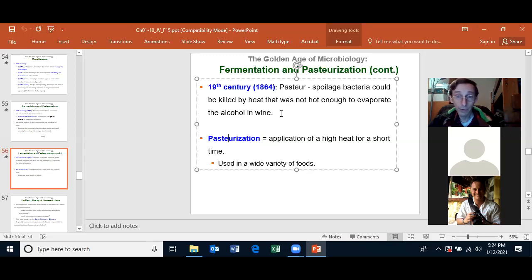So after a certain amount of time, the bacteria that are still alive after pasteurization can spoil the milk. But pasteurized milk lasts longer than unpasteurized milk. Any questions about any of that?